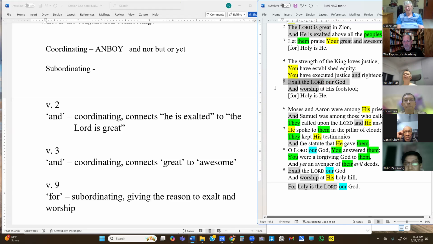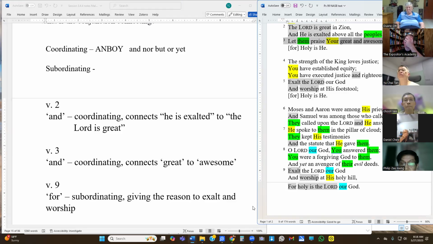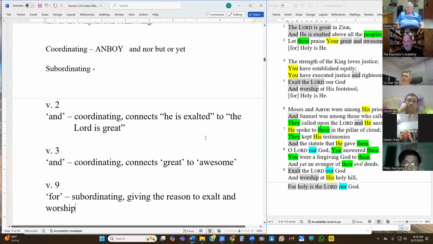Why do we exalt and worship? Because he is holy. Why should let them praise your great and awesome name? For he is holy. Remember, we discussed when we were diagramming that sometimes in poetry, it doesn't include the conjunctions all the time for the sake of brevity. All right, any questions about that?